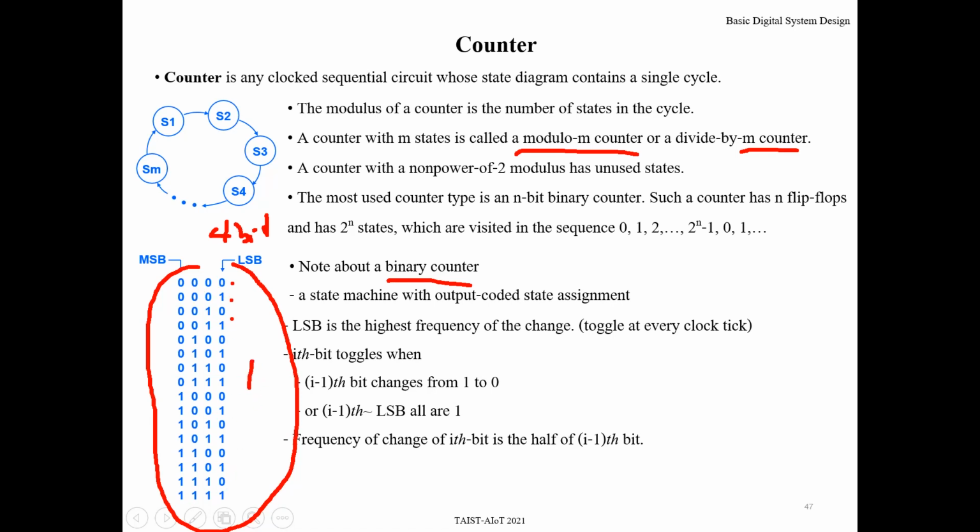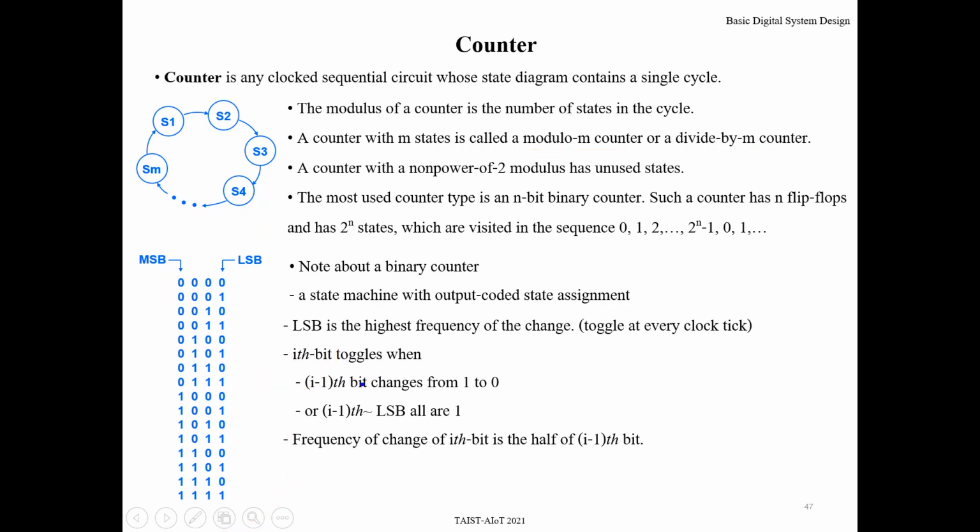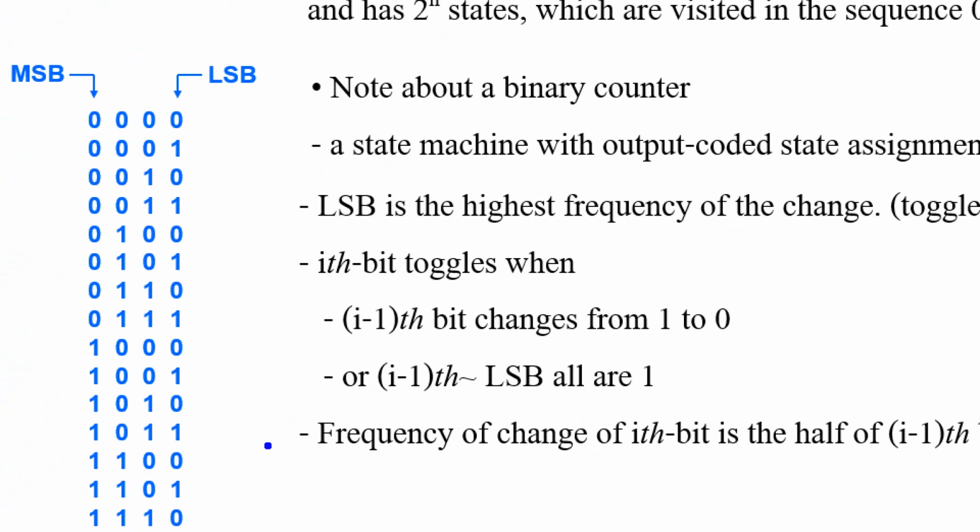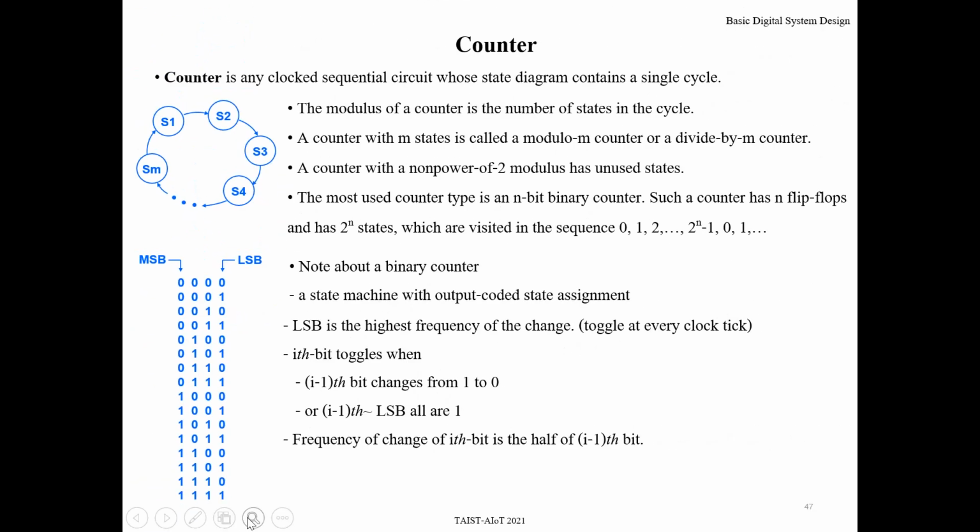So there are 16 states. And for each state, you note from this state to this state, you count up, or add 1, increase by 1. From this state to this state, you add 1, right? It counts up until it becomes 1111, and then it goes back to 0000 again.